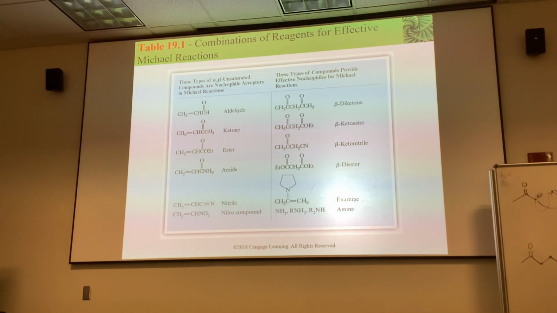Whatever's stuck on the other end of it, it's two carbonyls beta to each other, which means that carbon in the middle, or in this case, a carbonyl beta to a nitrile, still gives you those extra acidic hydrogens on that middle carbon, right?